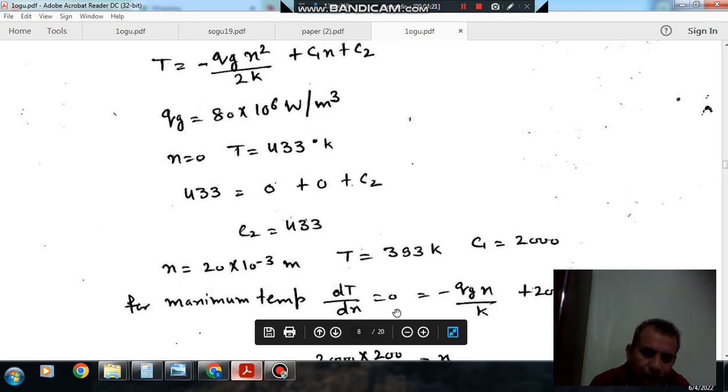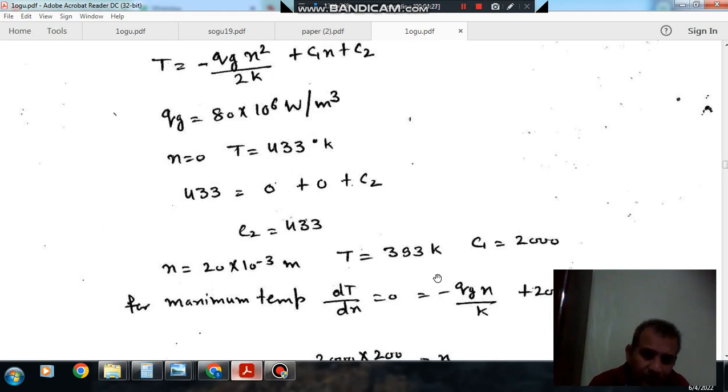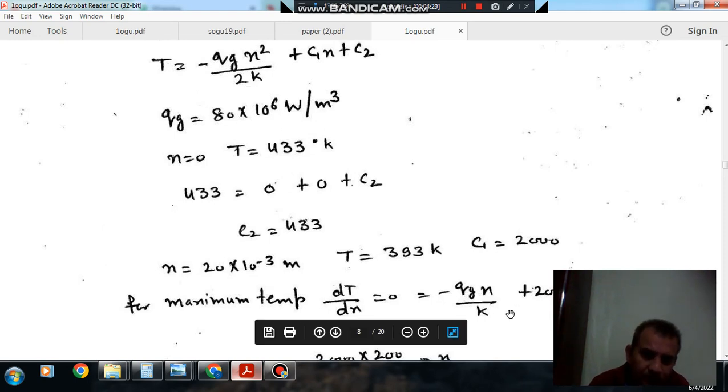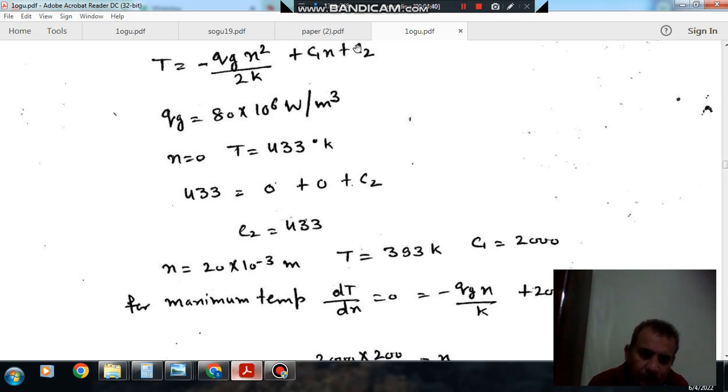So dT by dx is equal to 0, which gives minus qg x by k plus 2000, because C1 is 2000. And the constant factor on differentiating will be 0.